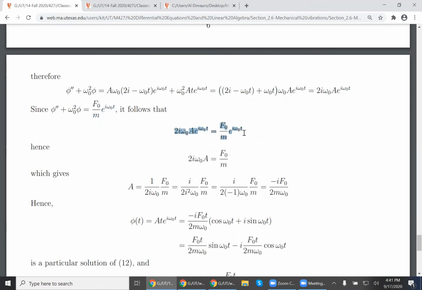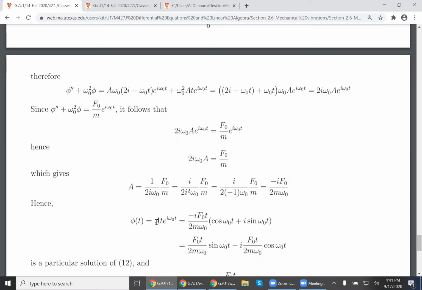It's over here. We cancel out e. We divide both sides by 2i omega, done. And then we simplify a little bit. We multiply top and bottom by i. i square is -1, which gives us this result.